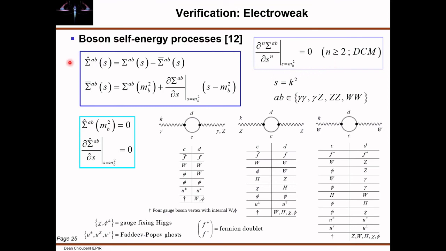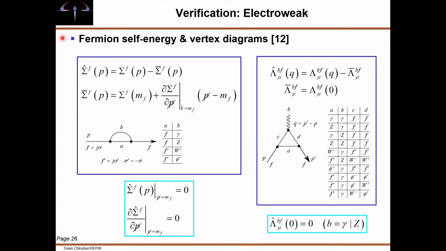From the stabilized amplitude, it's easy to show that sigma hat and its first derivative vanish on the mass shell. And these relations are equivalent to the usual renormalization conditions.